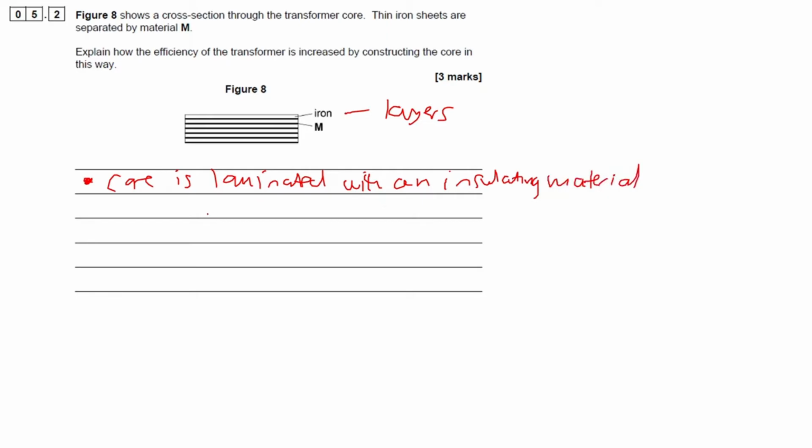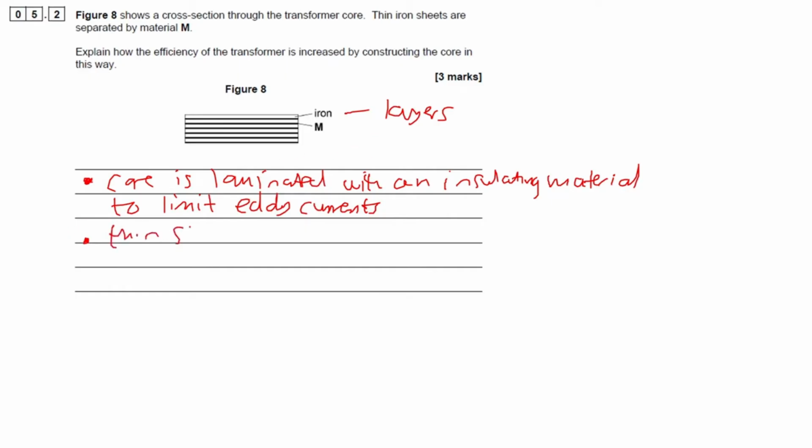This is to limit eddy currents. So we don't want currents to go through this iron core, we want to limit the amount of eddy currents that are in the core. The other reason is these thin sheets of layers.